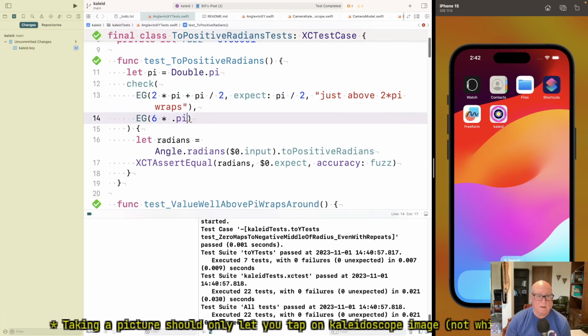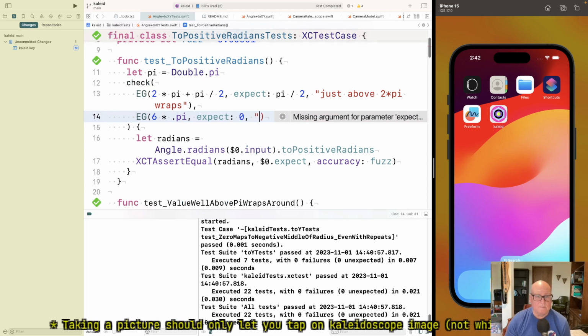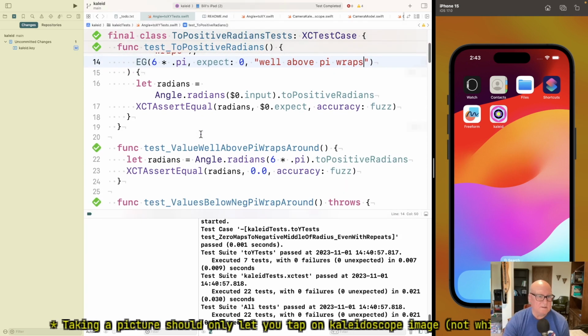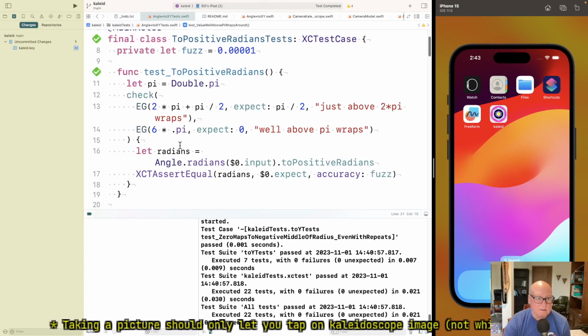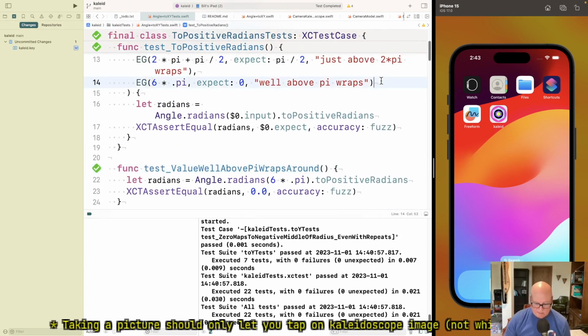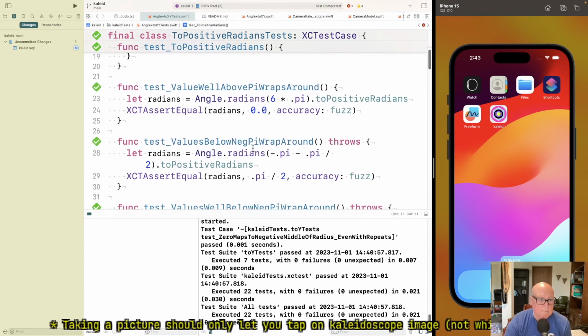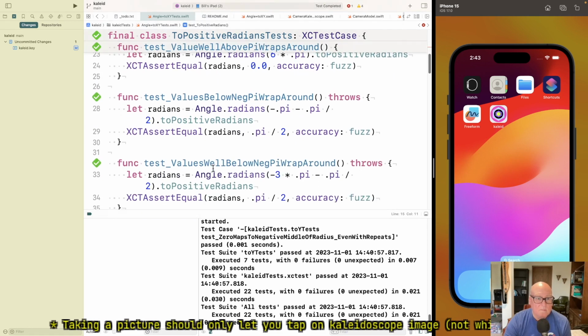Six times pi, expect 0, and this one is, well, above pi wraps. I think around is a little redundant. Okay, and then may as well add the other. Below negative pi.